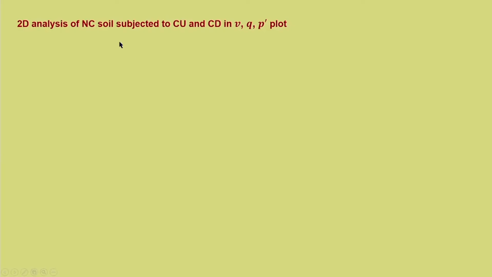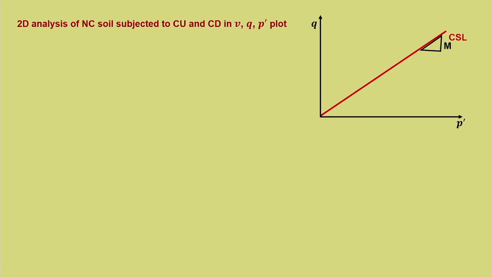Now, 2D analysis of normally consolidated soil subjected to CU and CD in the V-Q-P' plot. As I told, we are discussing in both the frameworks. Whatever we have discussed for the e-tau-sigma dash plot, we will just repeat it for Q-P', because ultimately for 3-dimensional integration we need the V-Q-P' plot.